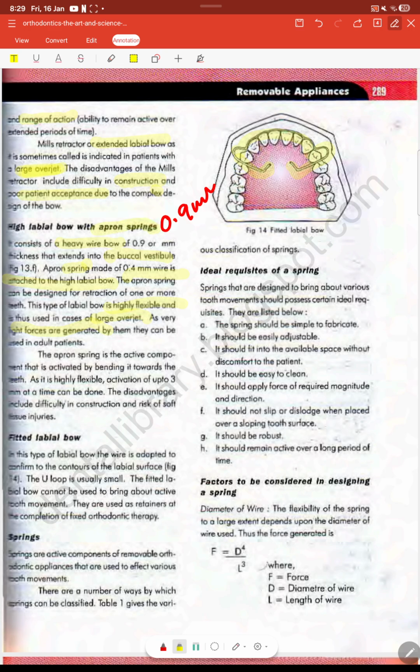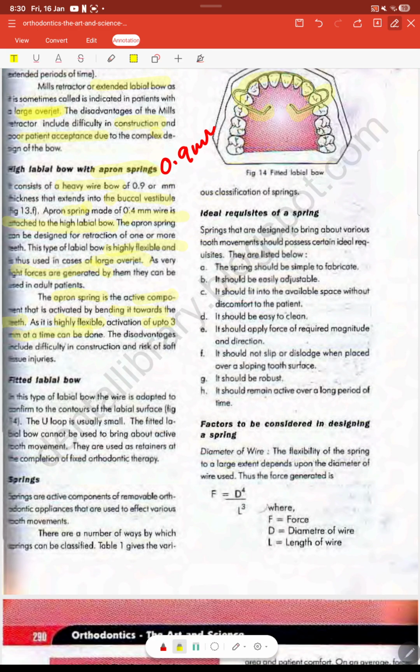The apron spring is an active component that is activated by bending it towards the teeth. It is highly flexible; activation up to 3 mm can be done. Disadvantages include difficulty in construction, and there is also a risk of soft tissue injury.